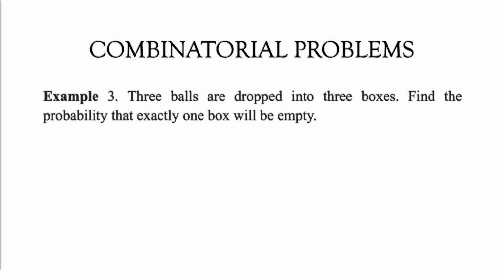If we consider ordered samples, we are saying that the balls are distinguishable. For example, ball 1 into box 3 and ball 2 into box 7 is different from ball 1 into box 7 and ball 2 into box 3.